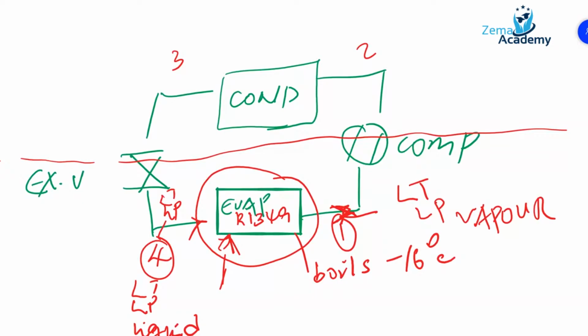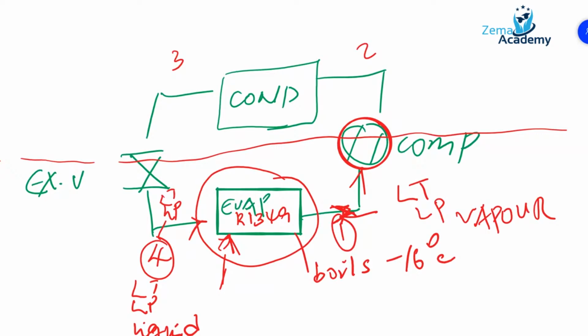And then we feed it into the compressor. The primary function of any compressor is, at point 1, we have vapor, but that vapor is at a very, very low temperature and low pressure.